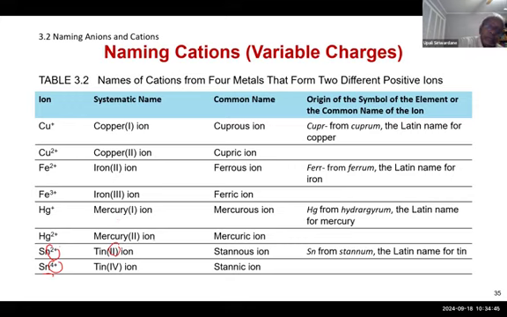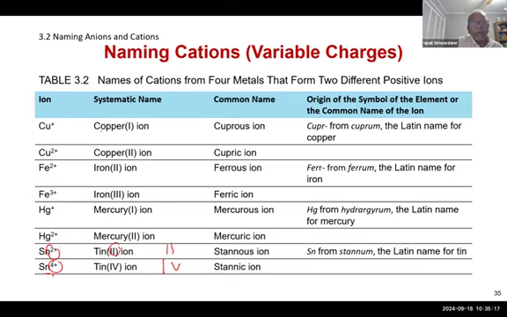This is Roman numeral 2, that's a 4 charge. For example, sodium, we never use parentheses and a number because sodium has only one charge, positive one. Therefore, it's not necessary to show the charge in the name of the cation.